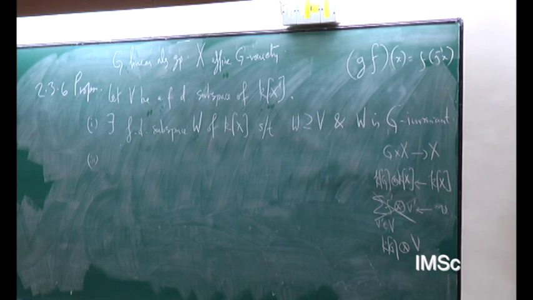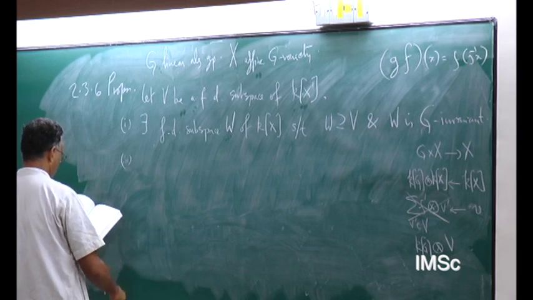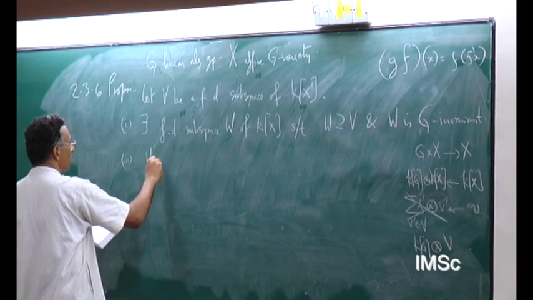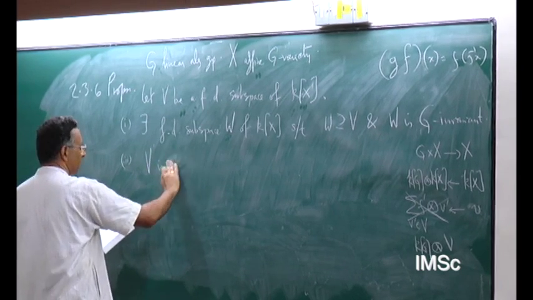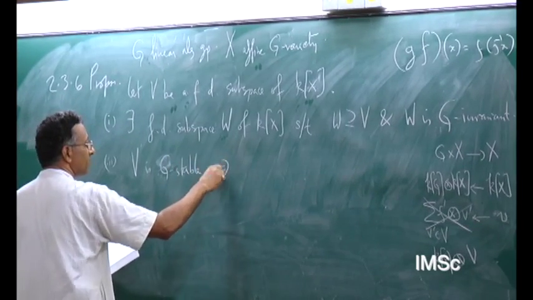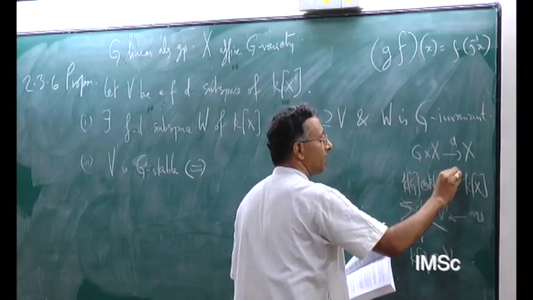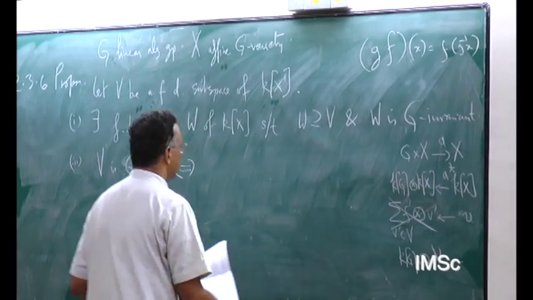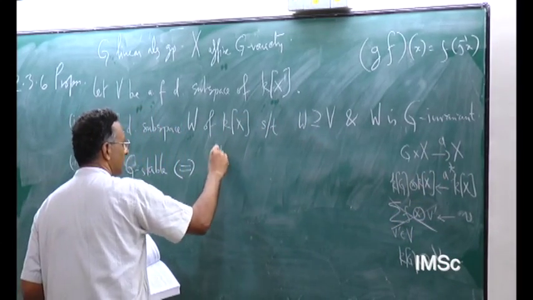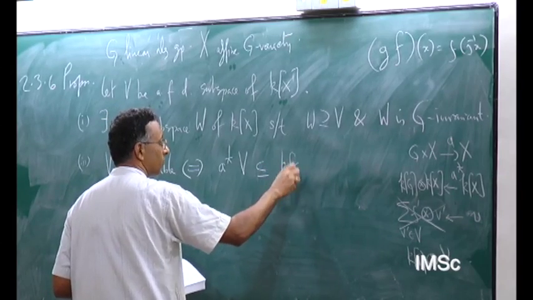V is stable if and only if V goes to V tensor K[G]. That's what it is. So V is G invariant, or G stable, if and only if, let's call this A, let's call this A star, A star of V is contained in K[G] tensor V.